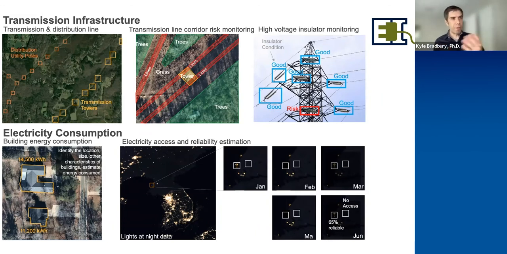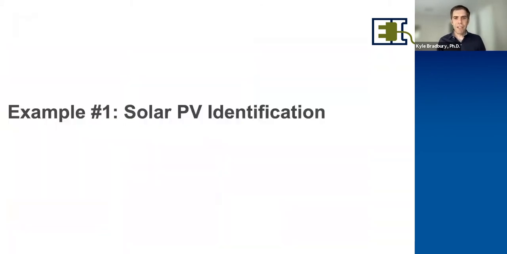And a number of folks around this table, Jordan, myself, and Leslie, have also worked in this space. And some examples of the work that we've done. One here is solar PV identification.